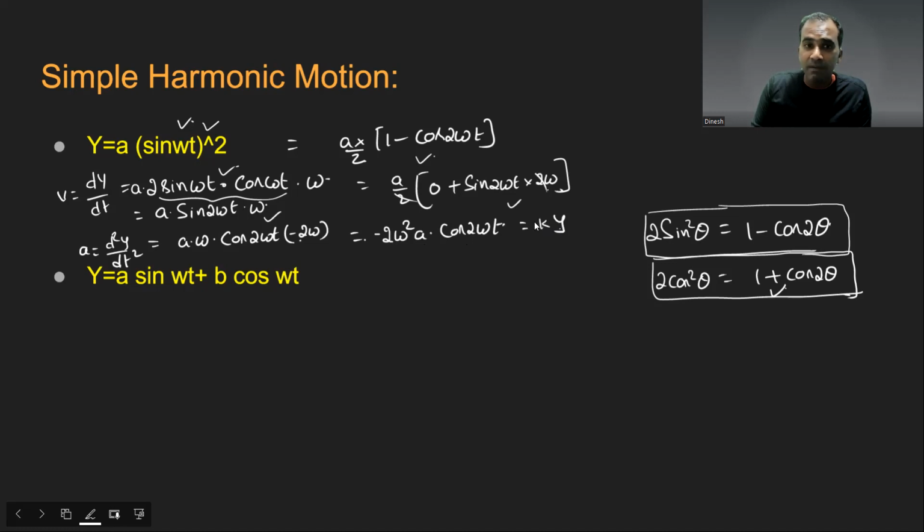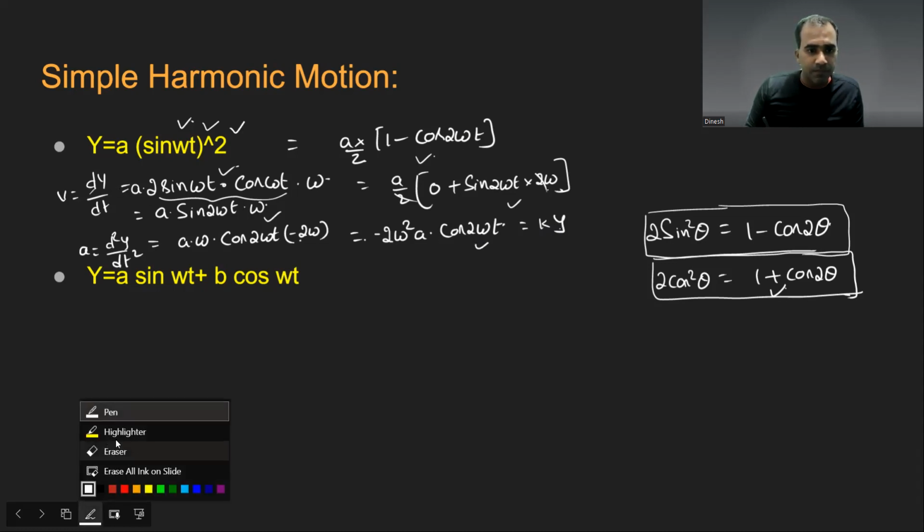We want a relation between acceleration and displacement, so try to relate this with the displacement. The displacement relation is looking like sine square omega t or 1 minus cos 2 omega t, no? Are we able to express it in terms of displacement? Let's try to express it.